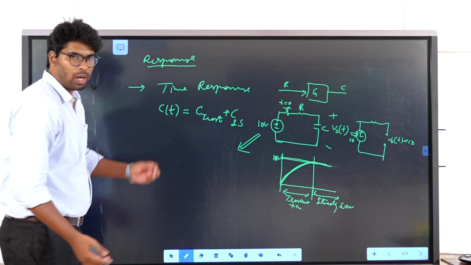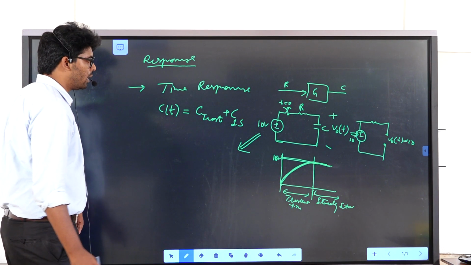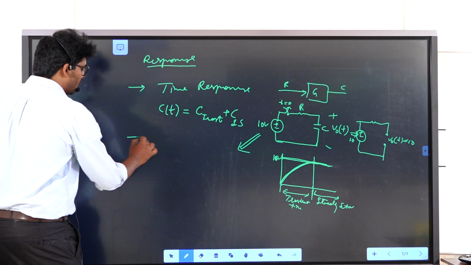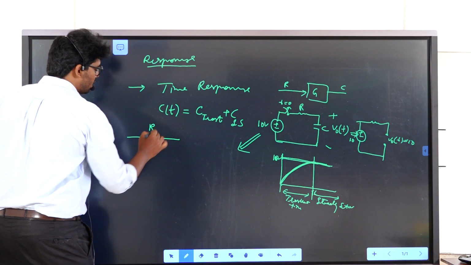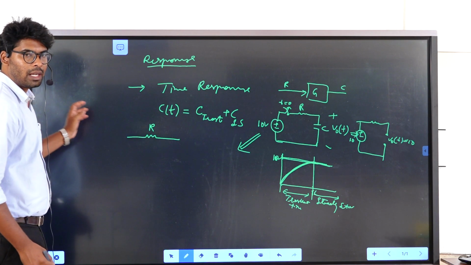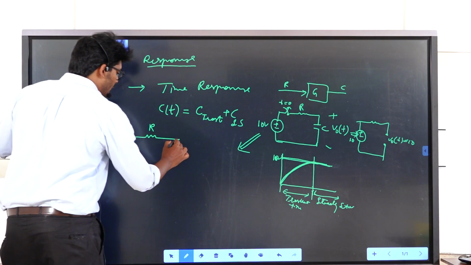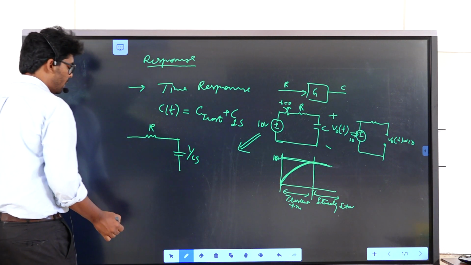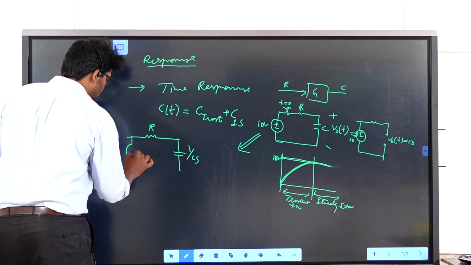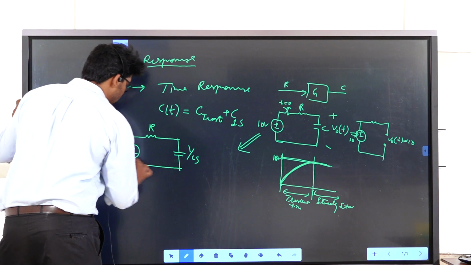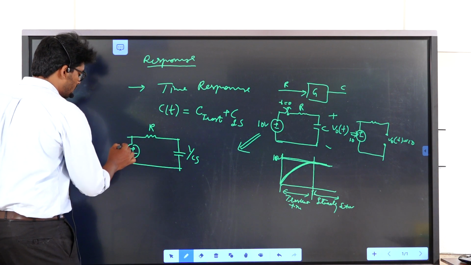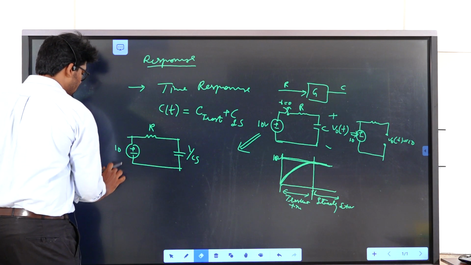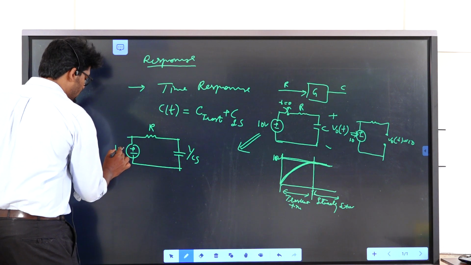But if you want to do it quantitatively, to see how the response varies, I will transform this circuit to the Laplace domain, with the capacitor having no initial voltage. The capacitor is replaced by 1 by CS, and the input voltage of 10 volts in the Laplace domain is 10 by S.